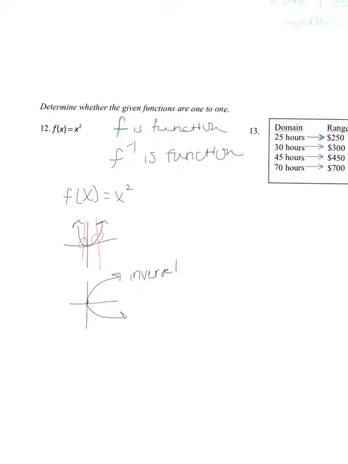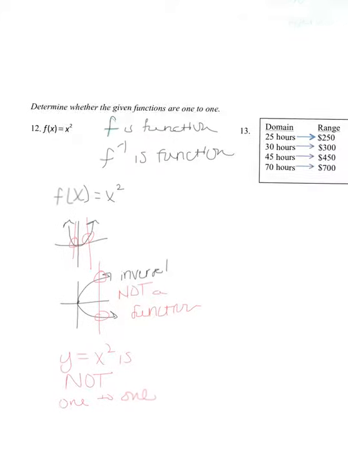And if we draw the inverse, we see that it does not pass the vertical line test. So the inverse is not a function. And what that means is that y equals x squared is not 1-to-1.